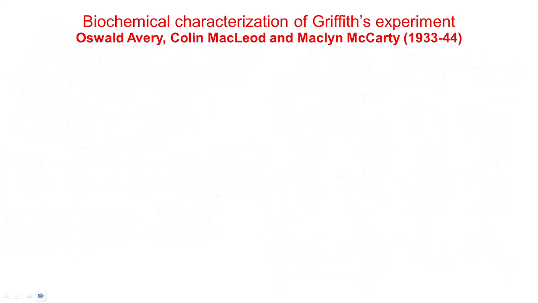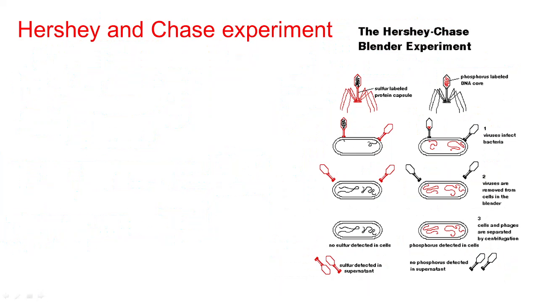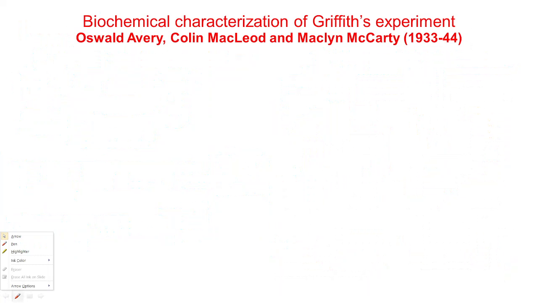And further, the biochemical characterization of Griffith's experiment was done. What do you mean by biochemical characterization of Griffith's experiment? Very simple. The experiment concluded by Griffith was continued by three scientists, namely Oswald Avery, Colin MacLeod and Maclyn McCarty.